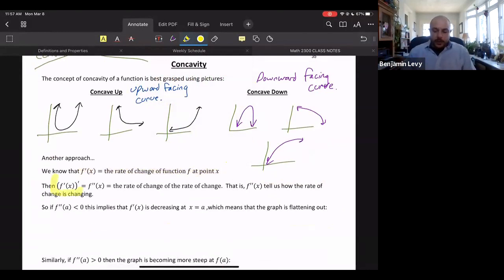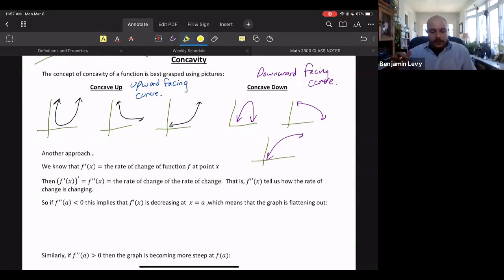And so if we do the derivative of the derivative, which we talked about last time, right? Second derivative, higher order derivative. What we mentioned last time, it tells us how the rate of change is changing. And we had called that acceleration previously. But let's think about it in this other context, right? So the second derivative is how the rate of change is changing.